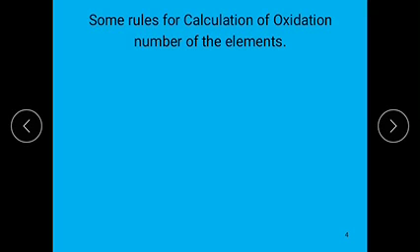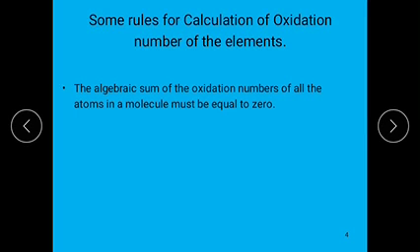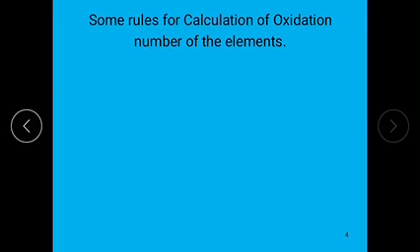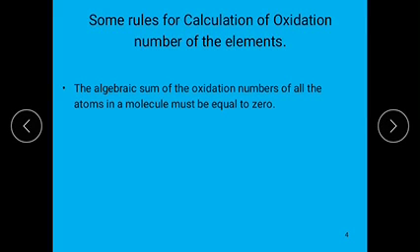Already we discussed some rules for the calculation of the oxidation number of elements. Now again we are discussing them in this topic, before going to the calculation of the oxidation number of an element in molecules and ions. First of all, the algebraic sum of the oxidation numbers of all the atoms in a molecule must be equal to 0.